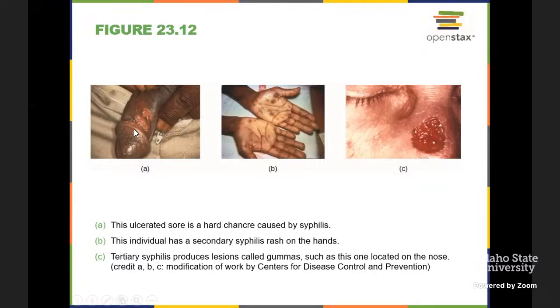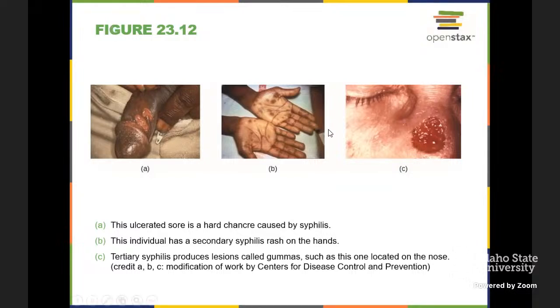Similar sorts of lesions, a little bit, but with syphilis, these lesions are painless, although that looks like it should be very painful, all right? Painless with syphilis, painful with Haemophilus, all right?